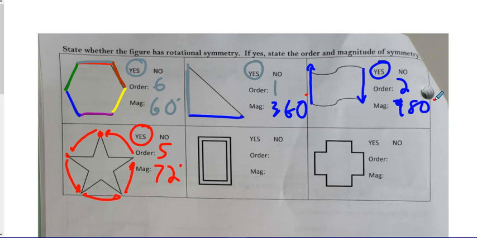All right, this one is a yes. If I rotate it 180 degrees upside down, since it's a rectangle, 90 won't work. And then a second time, so it has an order of 2, and that's 180 degrees. 360 divided by 2 is 180 degrees.